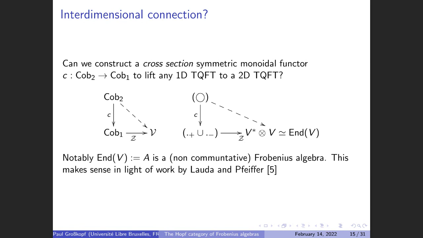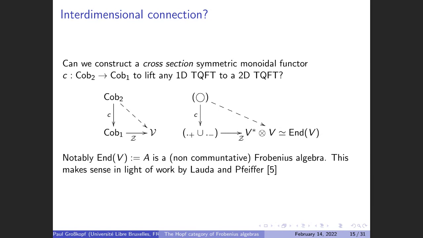It would be really nice to have such a functor, but as said, it's not that easy. There's a framework which I found where this all makes sense, by Lauda and Pfeiffer, and they also consider wider classes of cobordisms. It was our starting place, but the algebra that came from our motivation is still valid.